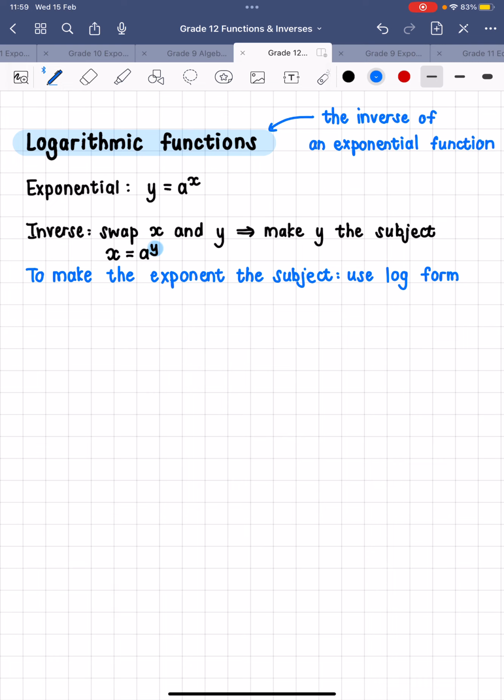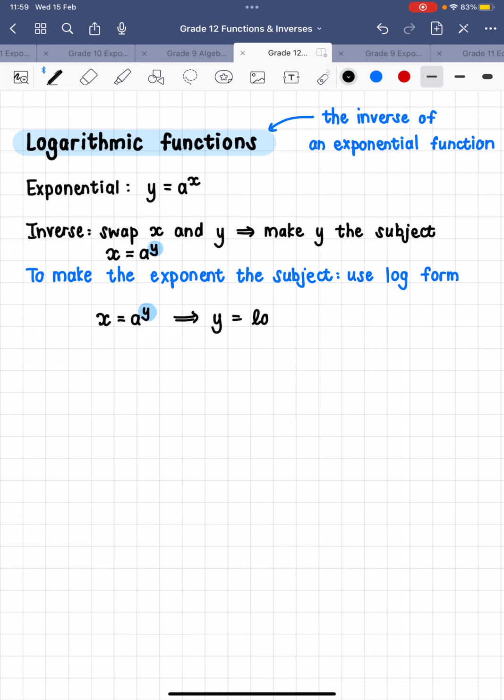Okay, now how log form works, I'm just going to write this x equals a to the y again. So we want to make the exponent the subject, so we are going to rewrite that by doing just that. I'm going to say y equals. Whatever your exponent was, it will always be y when we're working with these equations. So you start with your exponent being the subject.